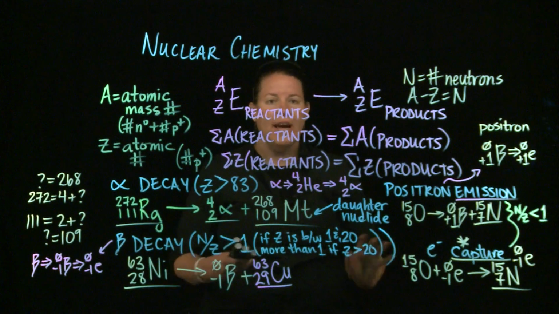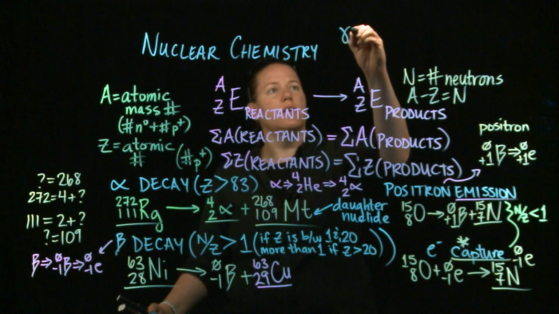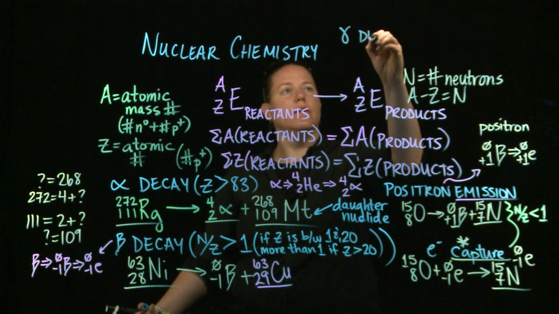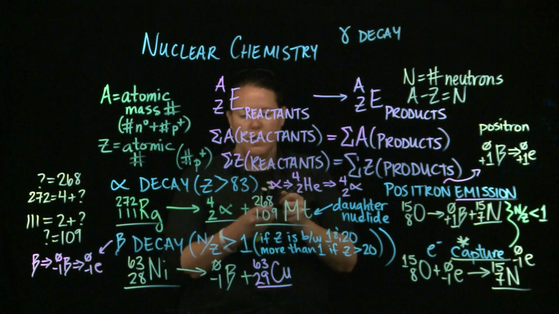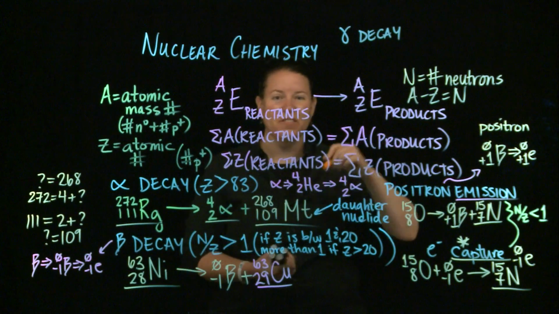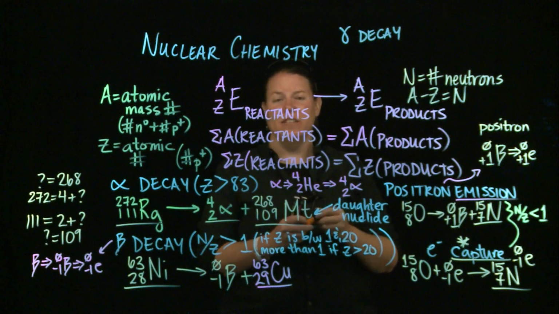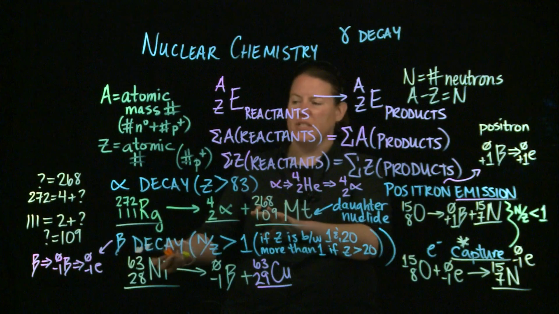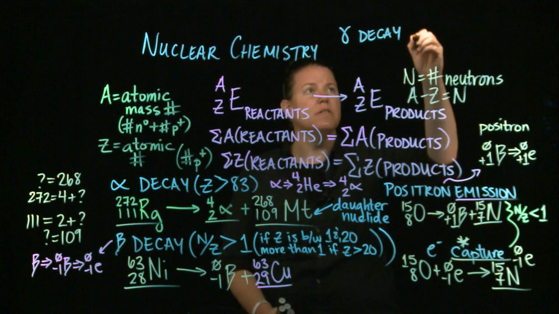Okay? The last kind of nuclear chemistry is one of the more dangerous types, and that's a gamma decay. Gamma decays usually happen in the midst of everything else. There's not a specific reaction. There's not a really great way to predict this decay. You can almost always guess that it might happen along with an alpha decay, but not always.